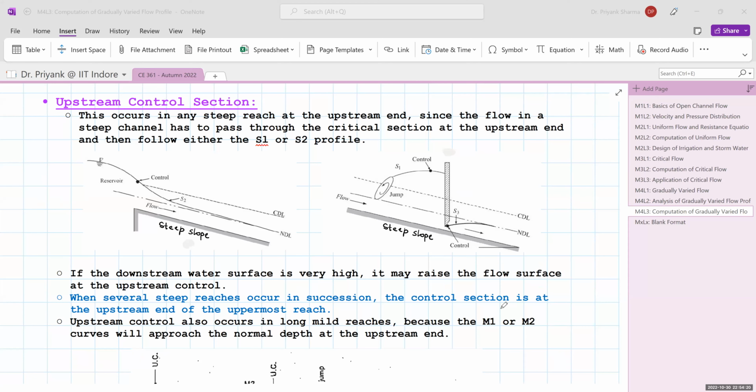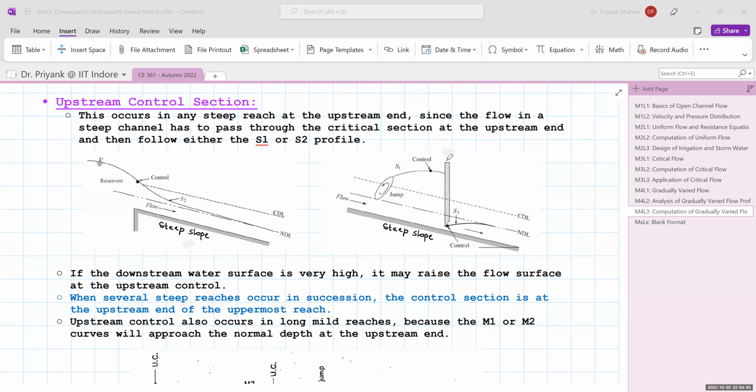Now, if the downstream water surface is very high, it may raise the flow surface at the upstream control also. In this case, you can see that the downstream water surface, compared to the earlier case, is very high because of the sluice gate; there is ponding. That case is represented here.